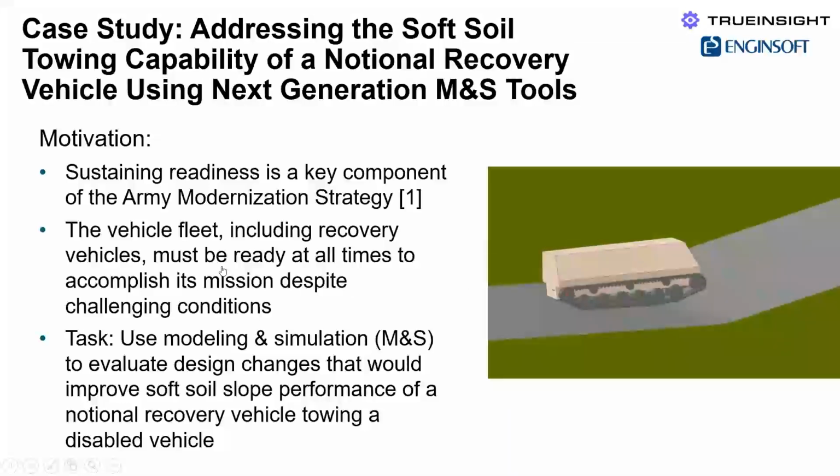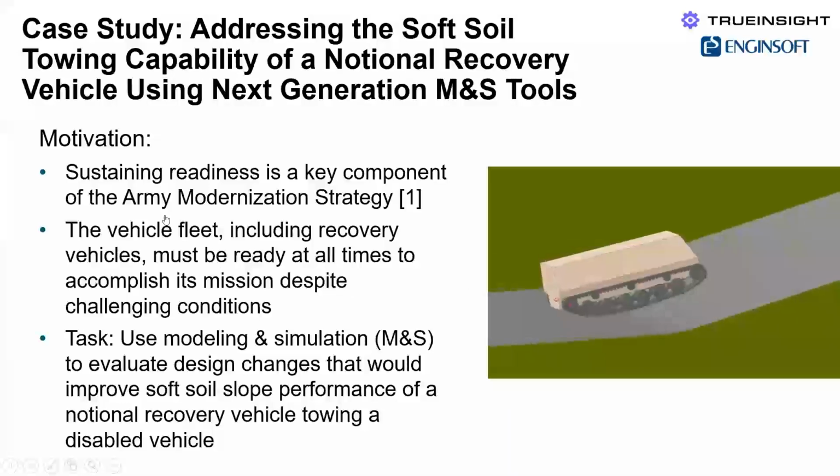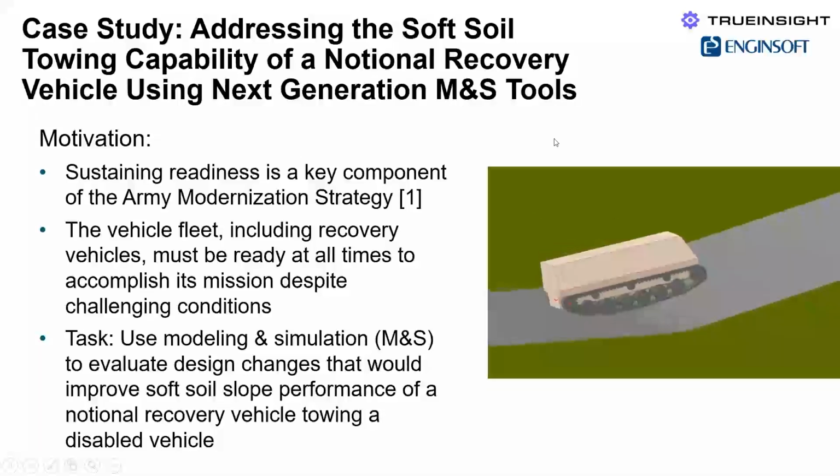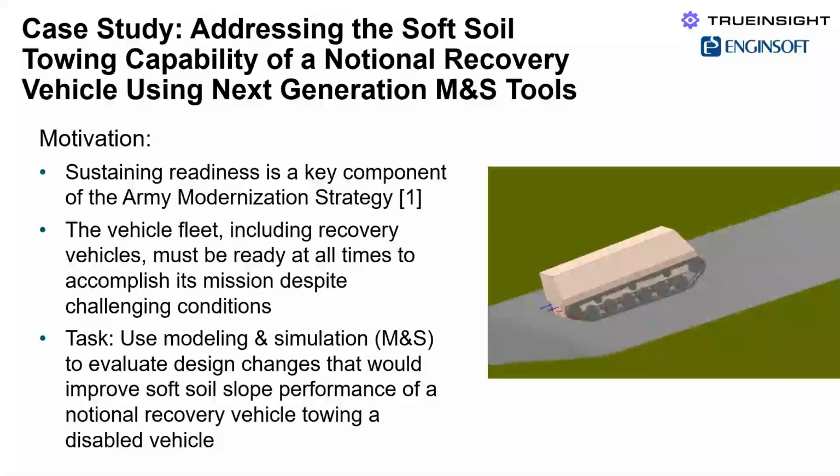Well, the Army is always concerned about having readiness, and so they want to make sure that their vehicles are ready to operate when needed. But also, in the case of the recovery vehicle, there's a process to recover any failed vehicles and return them to operating status.